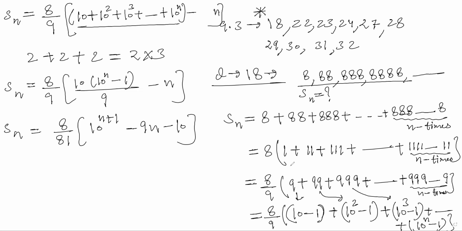So can you directly tell me, Safa, if here it would have been 7 plus 77, what should be the answer here? 7 by 81 the whole into 10 raised to n plus 1 minus 9, and minus 10. No, minus 7, sorry. No, minus 7, minus 10. Everything is the same, just 8 will be replaced by 7. Yeah, correct.